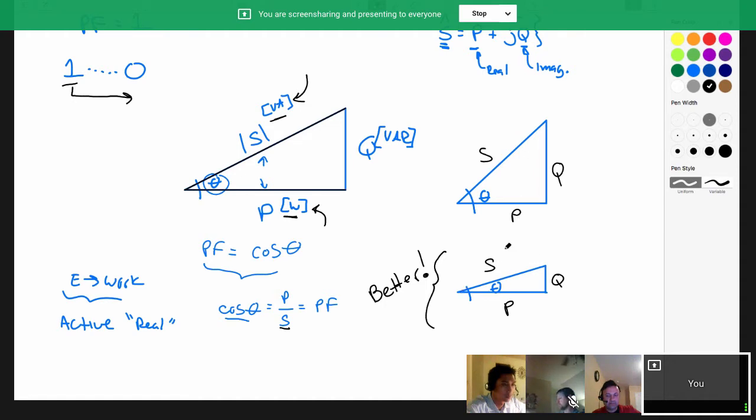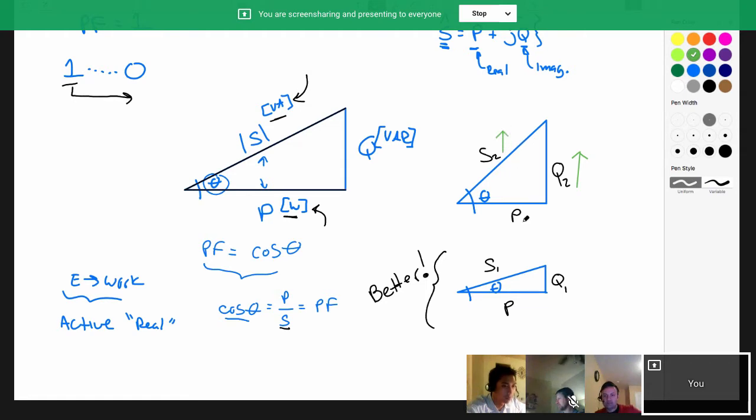we can compare these two triangles by saying we can call this Q1 and Q2 and S1 and S2. You'll notice that as Q increases, if P stays the same, as Q increases, so does S, doesn't it?